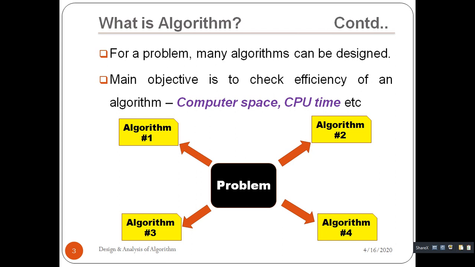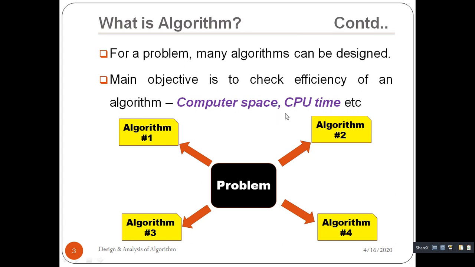Both these algorithms give us the same result, but the first algorithm is more efficient than the second. Why? Because the space required by the first algorithm is less than the space required by the second algorithm.